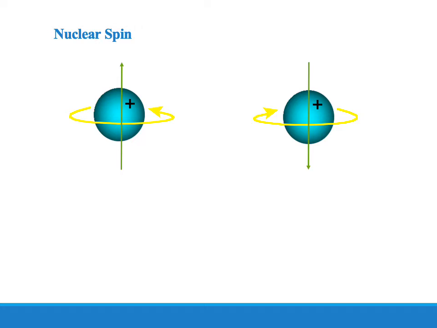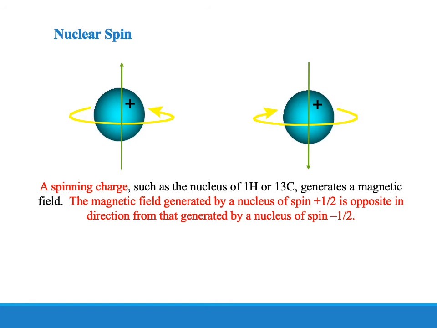As you see, each nucleus has a spin, and you see a spinning charge because of the spinning. Here we have spin positive half for one and negative half for the other. The magnetic field generated by a nucleus of spin positive half is opposite in direction from that generated by a nucleus of spin negative half.